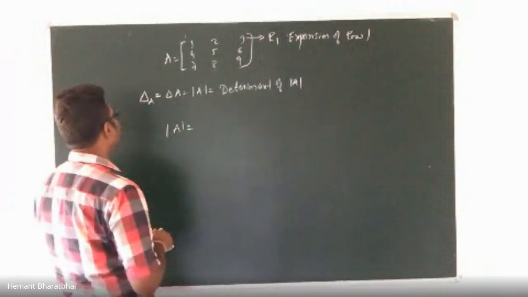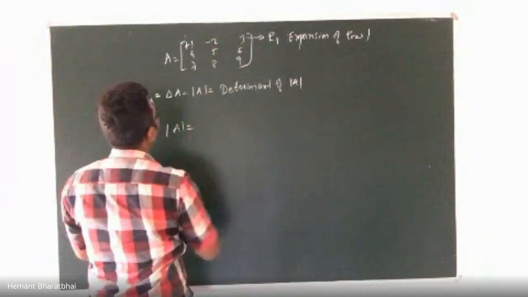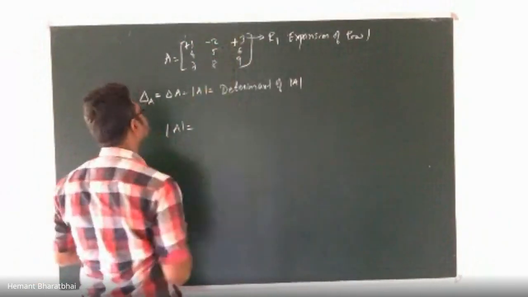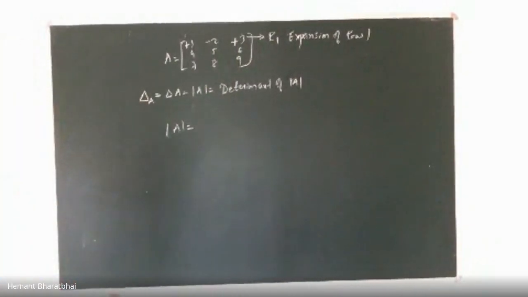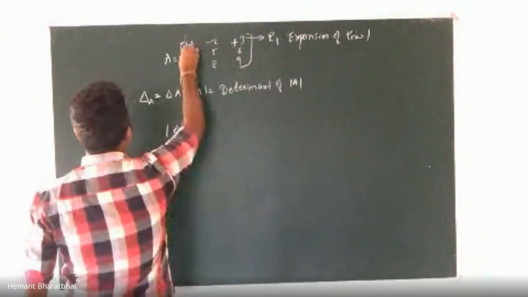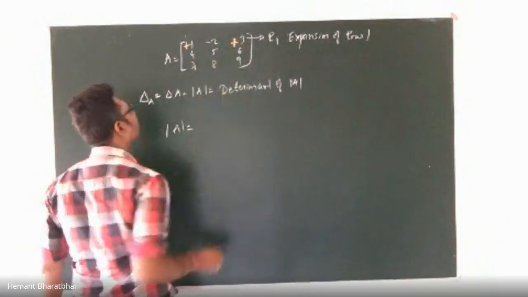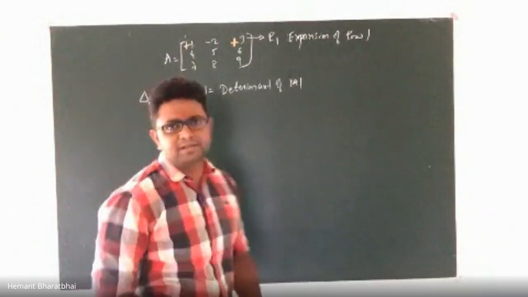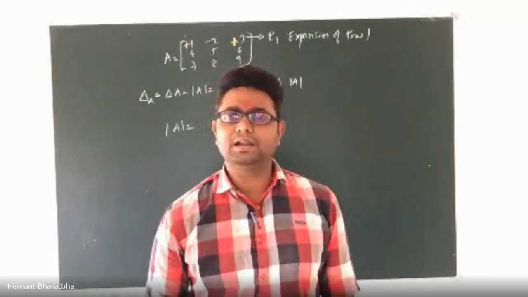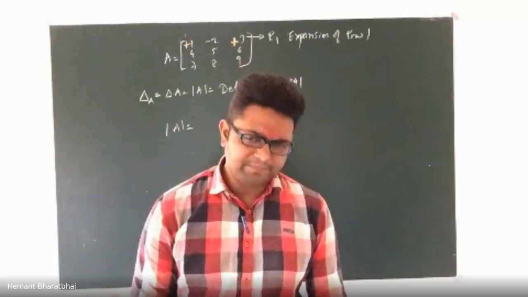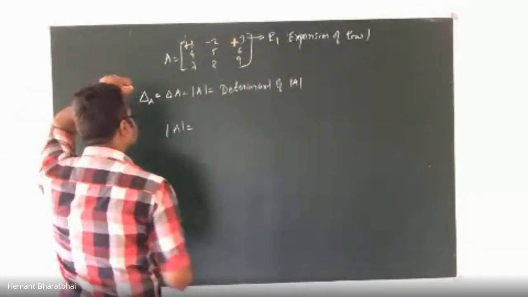As of now, just remember the sign convention: plus, minus, plus. I will tell you the reason once we see the adjoint topic. As of now, just remember this sign convention: first element positive, second negative, and third again positive. I will prove this sign convention, don't worry.